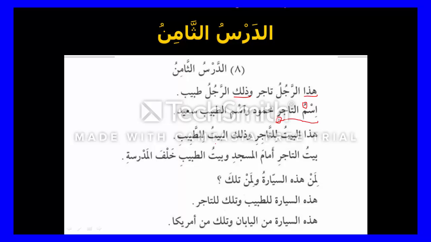And here we have hamzatul wasli. We want to make sure of the hamzatul wasli here, and I'm just going to put an arrow right here. Wasmu. And then we have the lam of possession here on the third line.